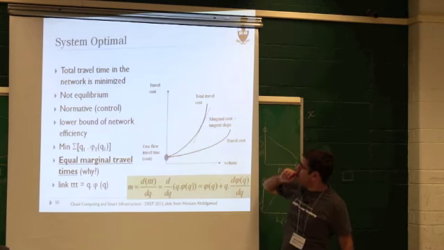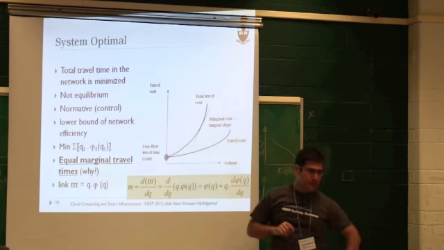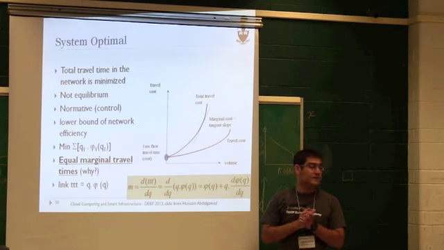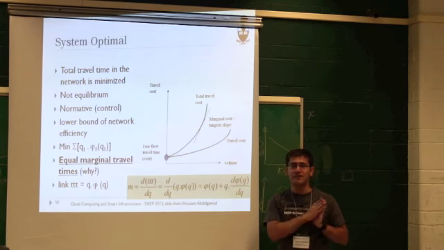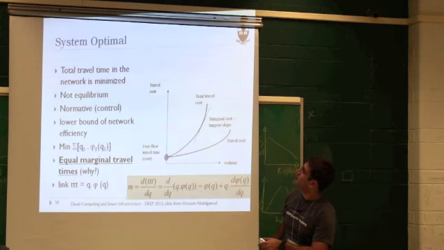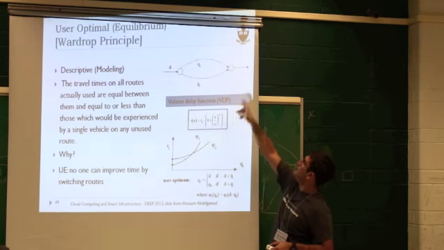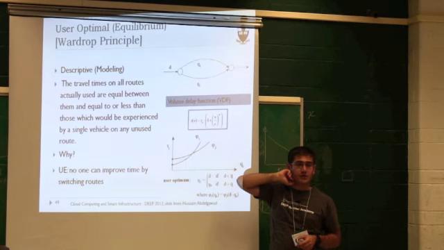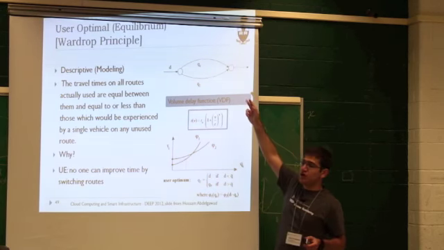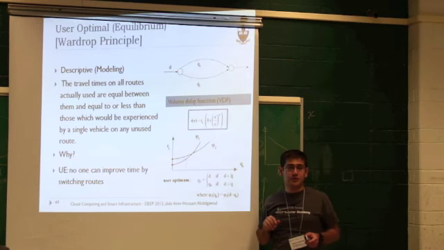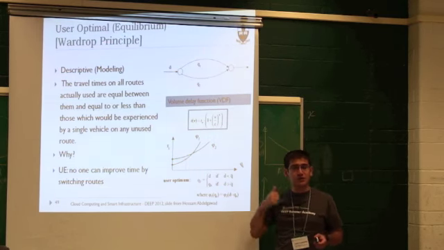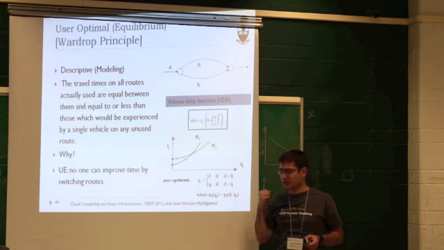So let's take this example. I have 200 vehicles that have to go through my system. They need to go to the other side. Some of them have to go through the upper route, some through the lower route. How many do I send on the upper route and how many on the lower route?